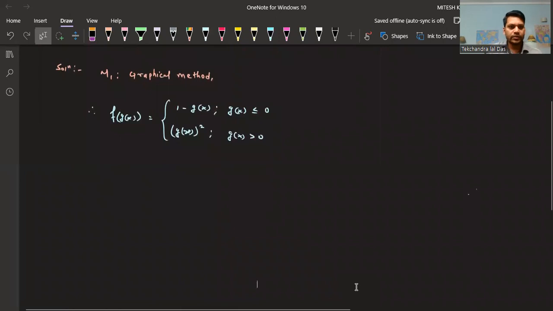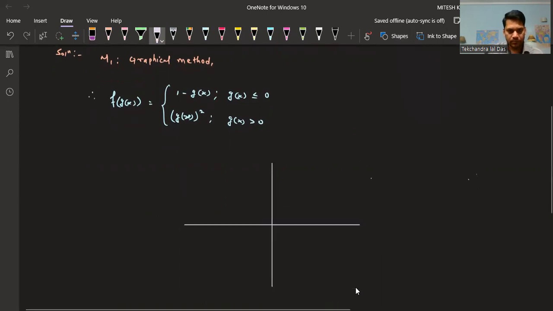For that, just draw one Cartesian coordinate system with x-y axes and origin. The next step is the graph of g(x).